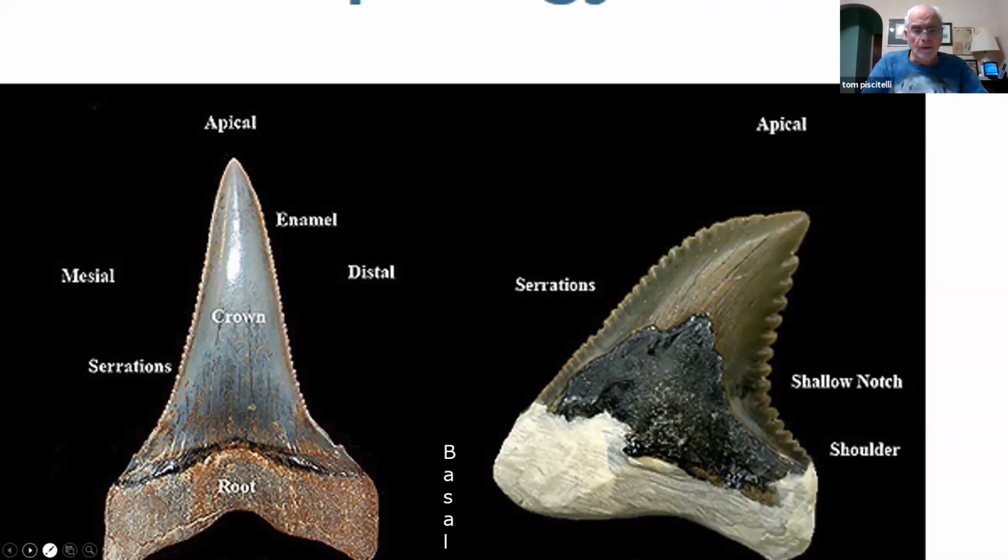Now, look at the tooth on the left. The opposite sides of the cutting edges are marked with the terms mesial and distal. Can you show those? Yeah, there's the mesial, and then across on the opposite side is the distal.